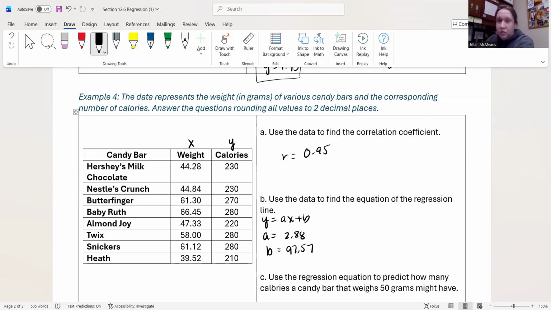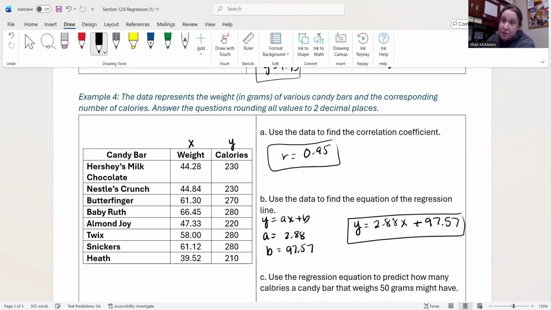So when we write this, we want to write out the actual equation. So I want to see y equals 2.88x plus 97.57. All right. Now let's go to Desmos and make sure that Desmos agrees, and Lord willing, I'll be able to type it in better this time.